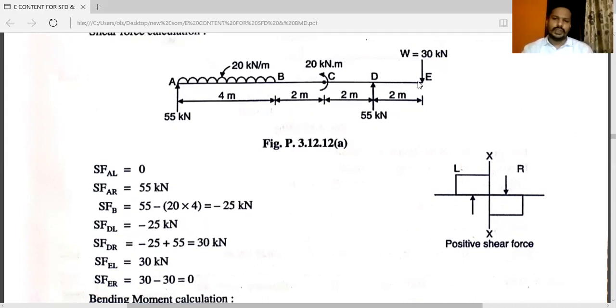So the value will again remain the same, that is 30 kilonewton, and E just to the right, 30 minus 30, the answer will be 0. You can see shear force at point A just to the left is equal to 0, and shear force at point E just to the right is equal to 0. Now you have all the values for shear force calculation.